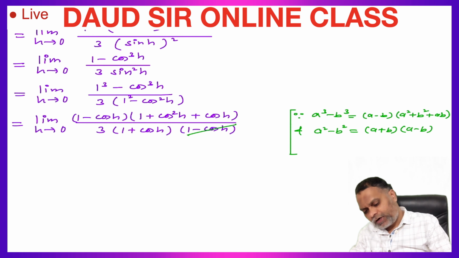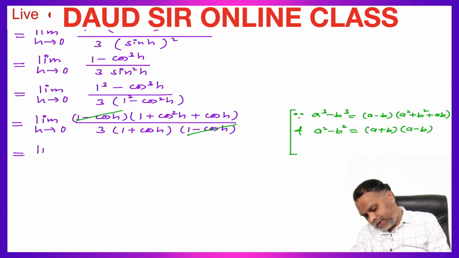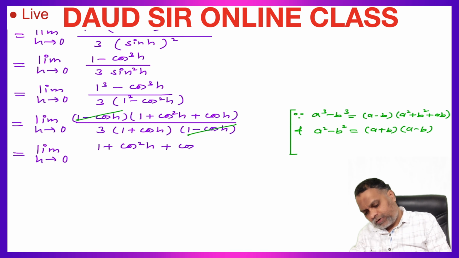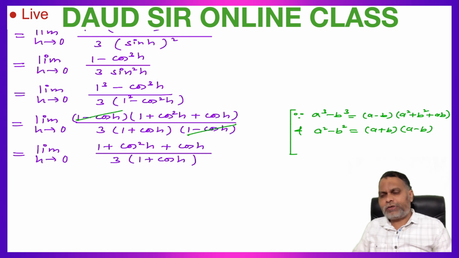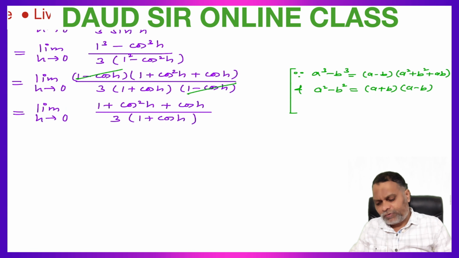This 1 minus cos h and 1 minus cos h get cancelled. So limit h tends to 0, (1 plus cos square h plus cos h) upon 3 into (1 plus cos h). Now we can substitute h is equal to 0 because the cos 0 value is 1.